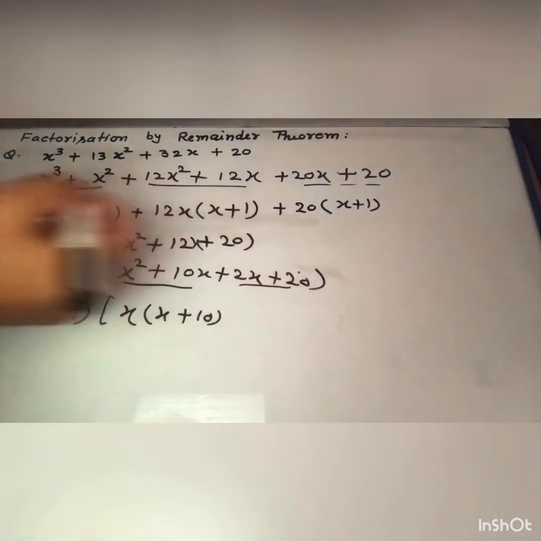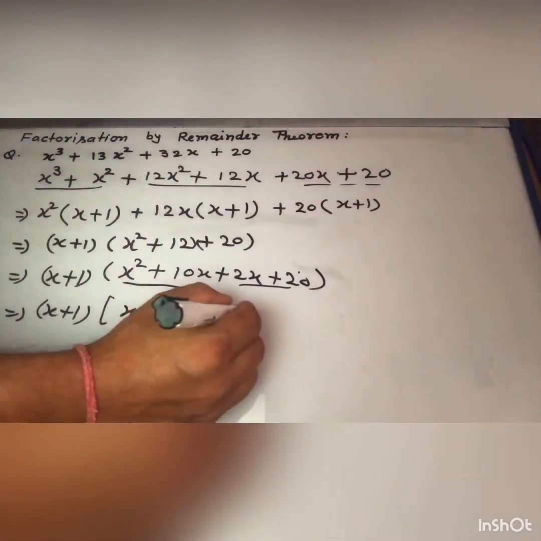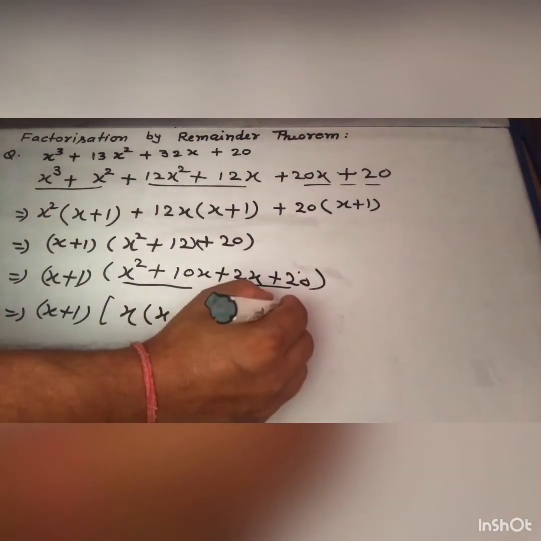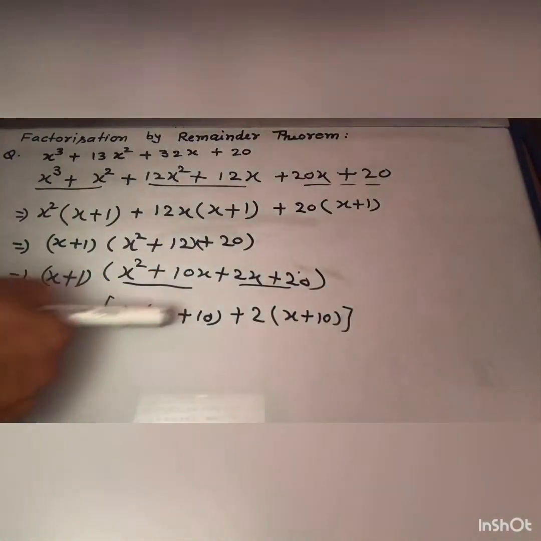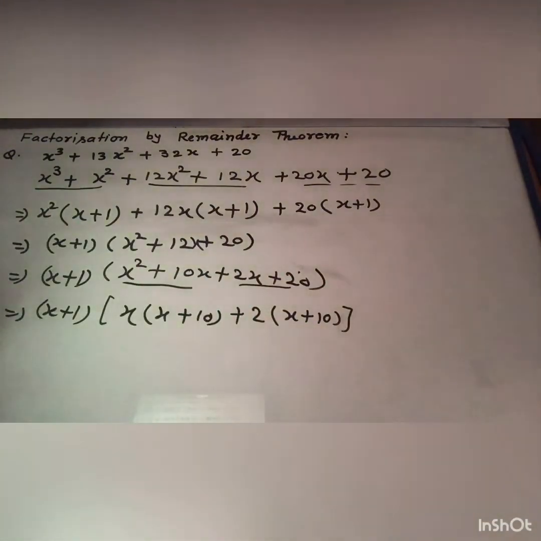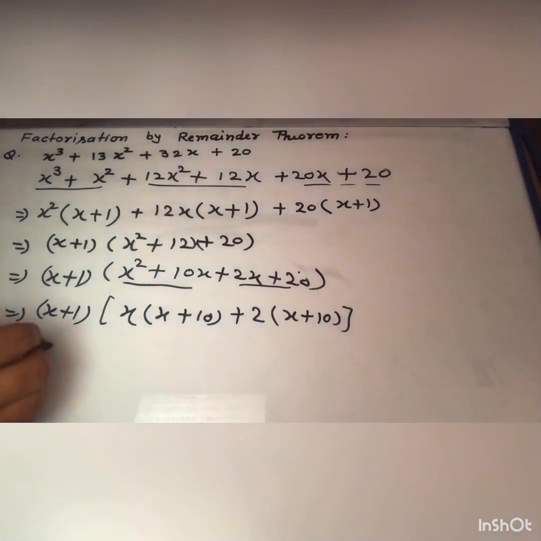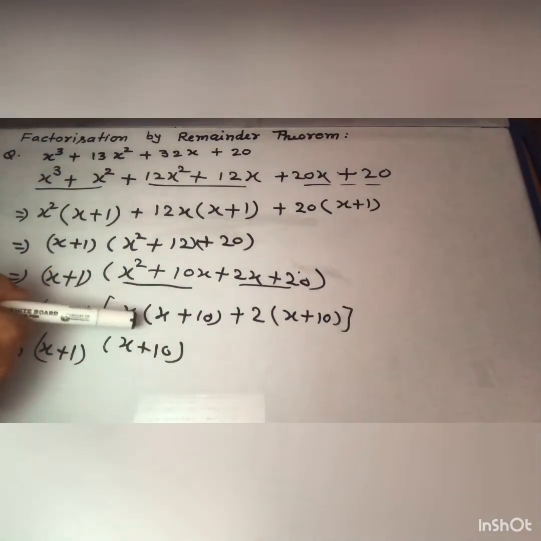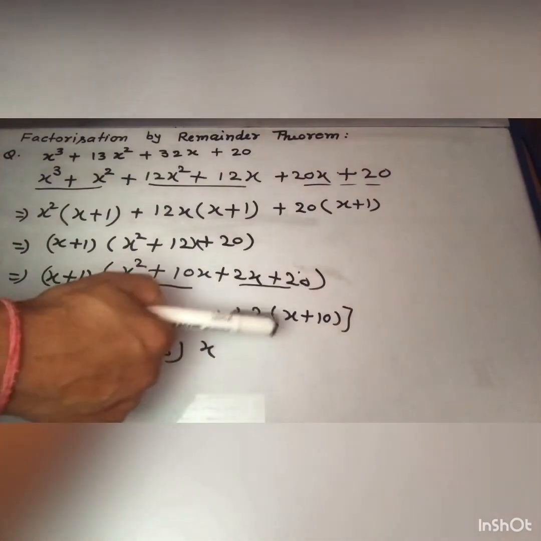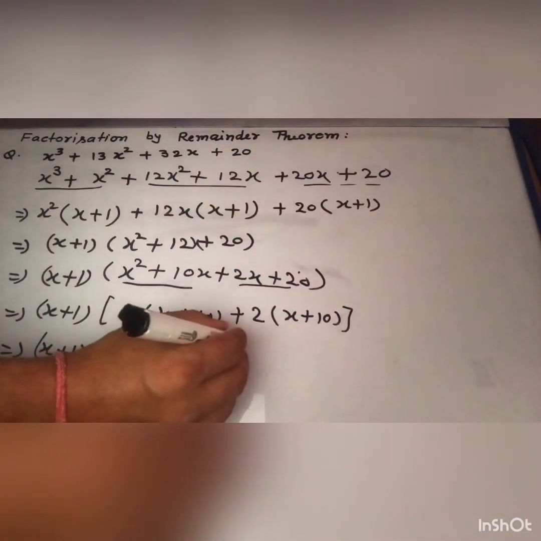After that, in the last pair what is common? Only 2. So the remaining thing is x plus 10. Once again you observe the last two terms. In the last two terms you will get x plus 10 as a common. So remaining in the first term is only x, and in the second term is 2.